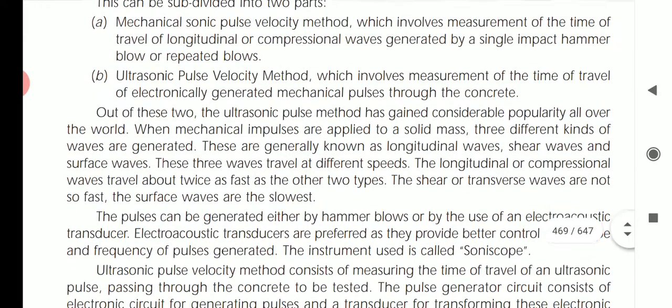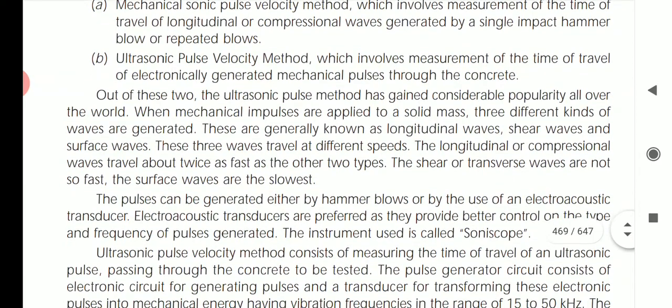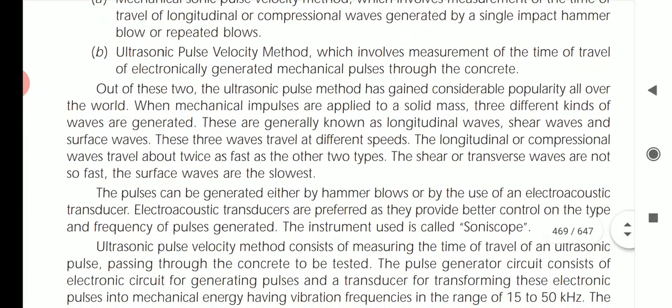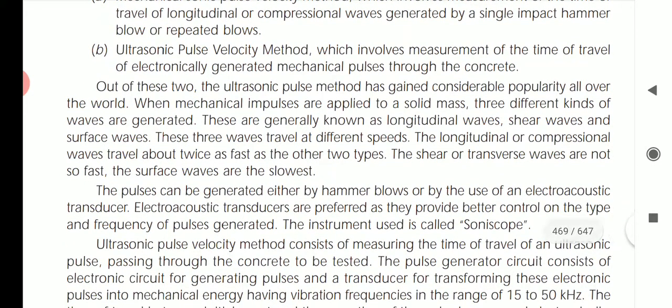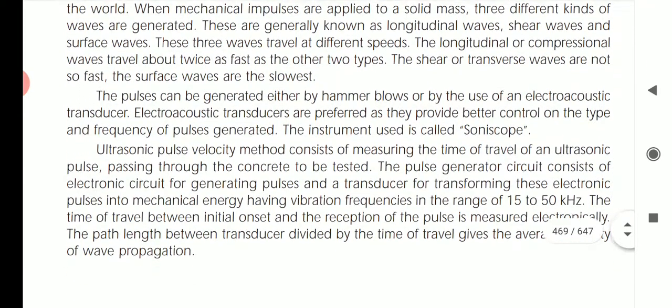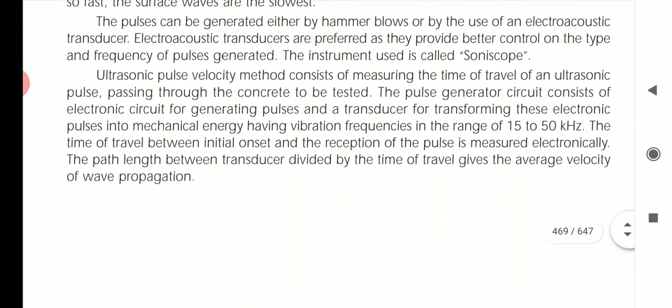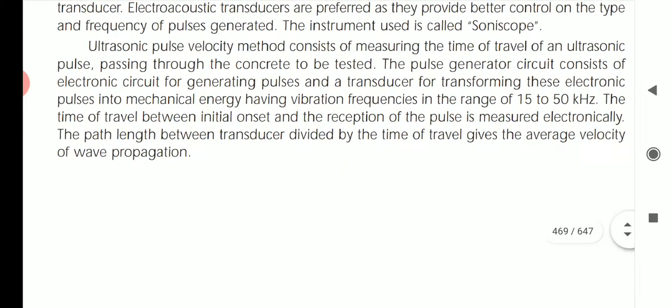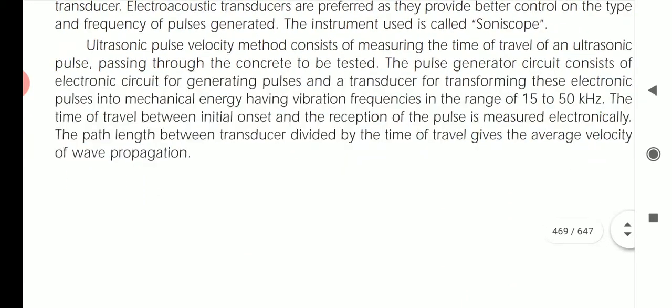We commonly use the ultrasonic pulse velocity method, which involves the measurement of the time of travel of electronically generated mechanical pulses through the concrete. The ultrasonic pulse velocity method consists of measuring the time of travel of an ultrasonic pulse passing through the concrete to be tested.